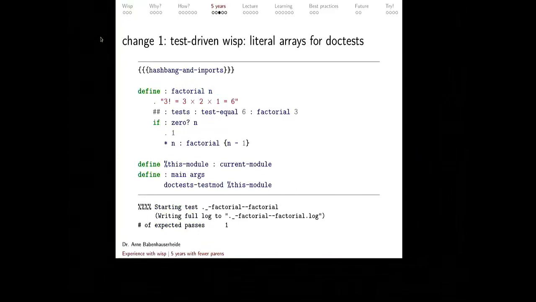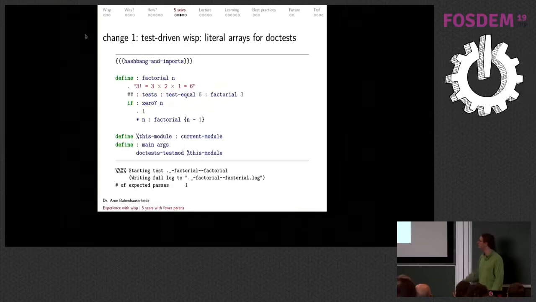So the first change is what you see here, the 2 hashes. That makes a literal array, and with that you can implement doc strings in Guile, which are almost like tests in Guile, doc tests, which are almost like the doc tests in Python, with the difference that in Python you write them in the string, and if you make line breaks, everything breaks until you figure out that you have to quote them.